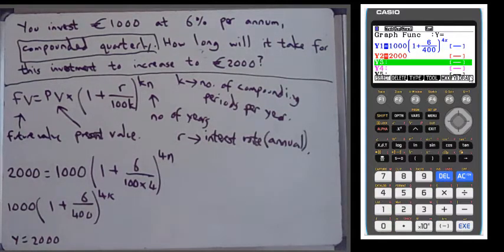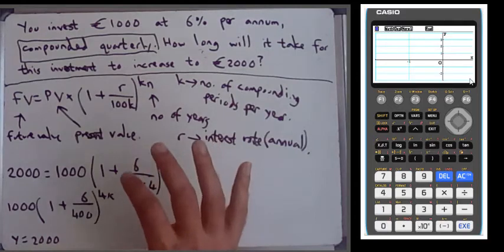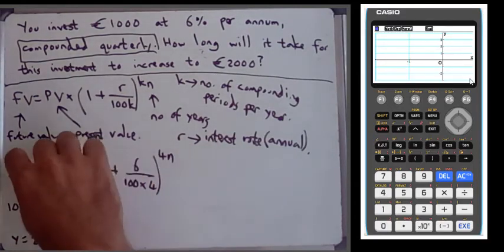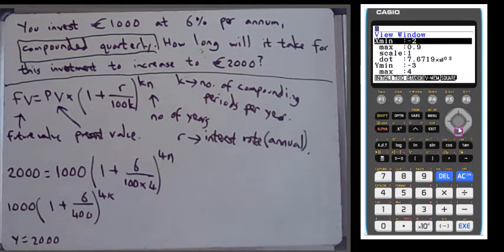So then we're going to execute and draw, and you'll find you can't see anything because the window's out. The y bit is the easiest thing to think about. We're looking, when does this thing cross 2000? So we need to go up past 2000. So I'm going to go to Shift V-Window. I'll make the y min -3, I suppose, so that you can see the x-axis, and the y max 2500.